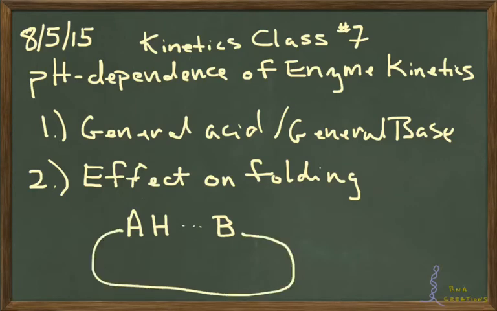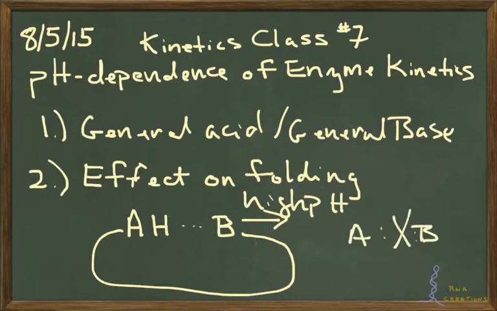If I go to basic conditions, high pH, then what's going to happen is I'm going to deprotonate the donor. And I can't have the hydrogen bond, so the molecule might unfold or something.